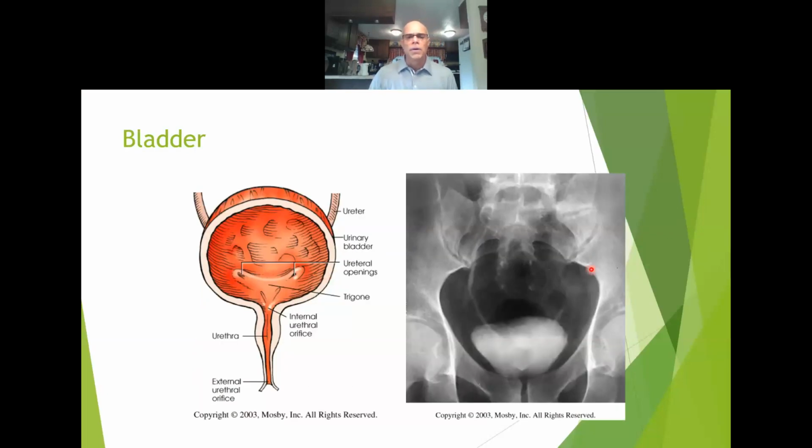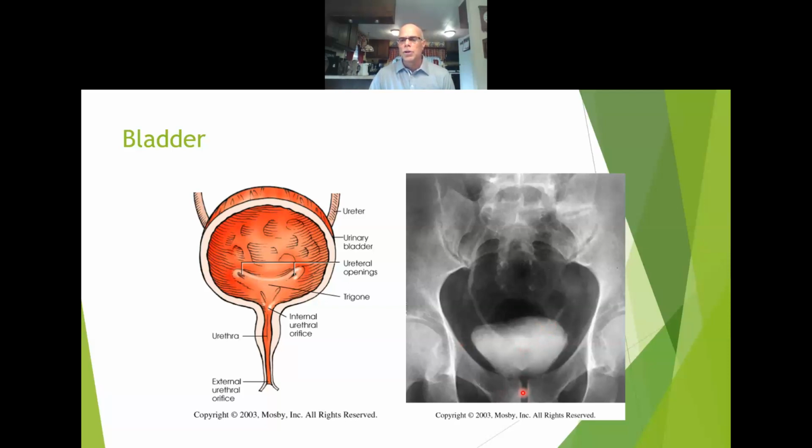Let's see what else I got. This is the bladder. So I want to again show you, here's the distal ureters entering the back bottom floor. It goes all the way to the bottom of the bladder. So as the urine is formed, it's pouring out into the bottom of the bladder. This bladder is filled with contrast, but in the posterior sides of the bladder is where the ureters connect, and you can see behind the bladder right there.